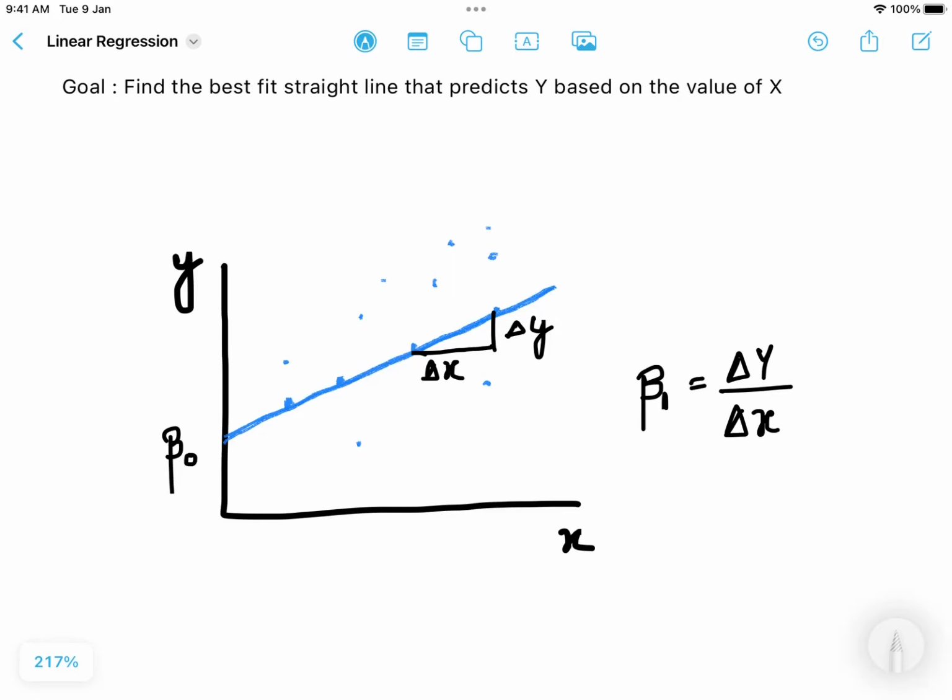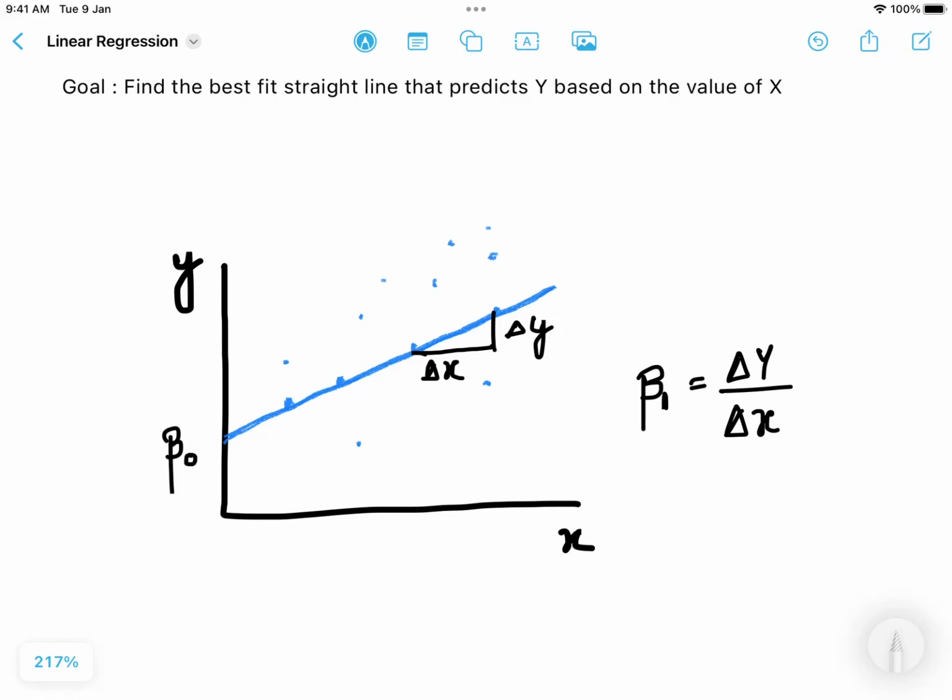Linear regression helps us in understanding how changes in one variable affect another. It also provides insights into the strength and direction of the relationship between the variables, that if our x is increasing, our y is also increasing. If our x is decreasing, is y increasing or decreasing. So it tells the direction and strength of the relationship between the variables as well.